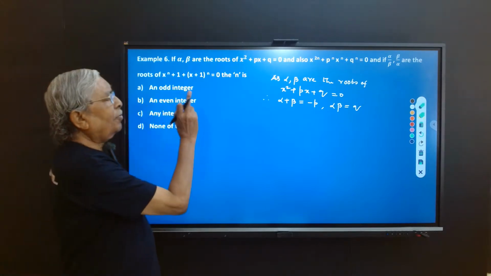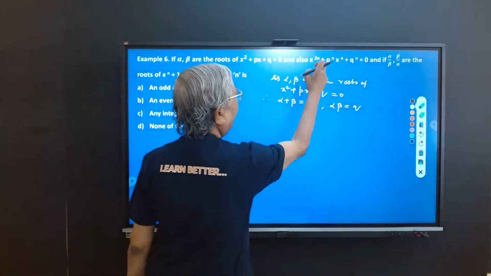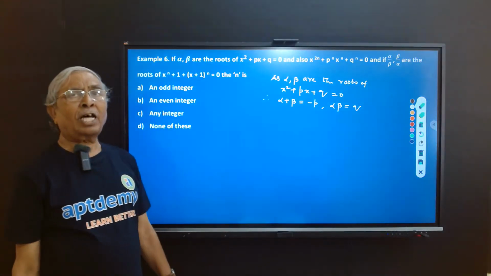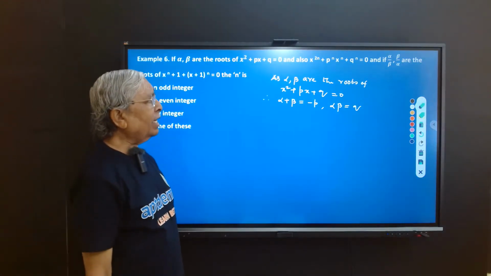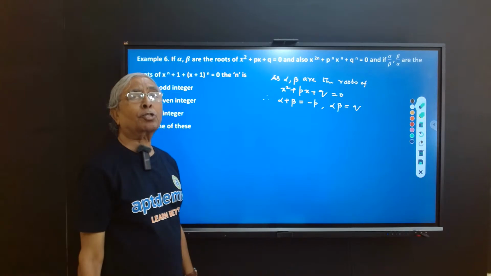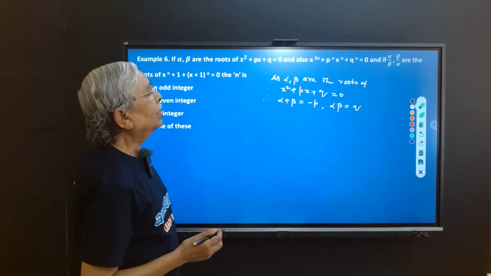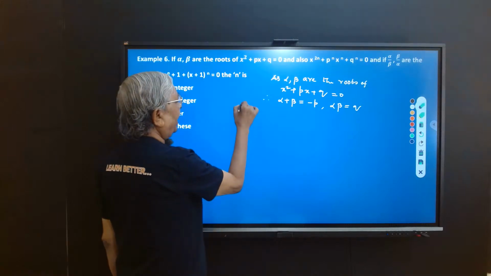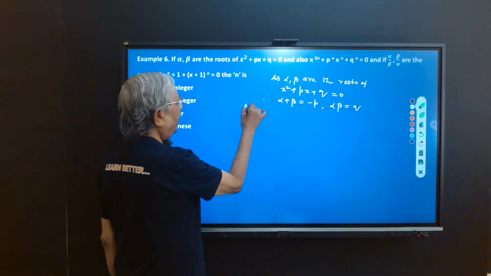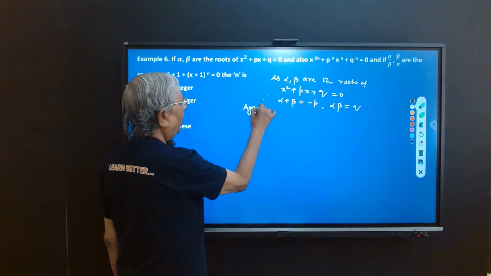Again, alpha, beta are the roots of the equation x to the power twice n plus p to the power n into x to the power n plus q to the power n equals to 0. So both alpha and beta will satisfy this equation.